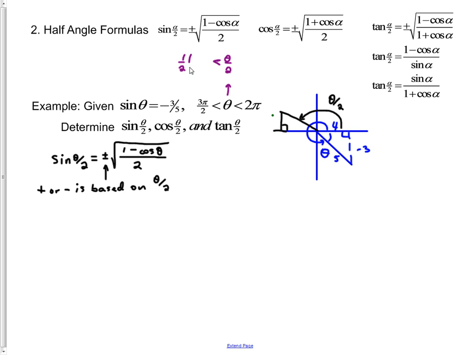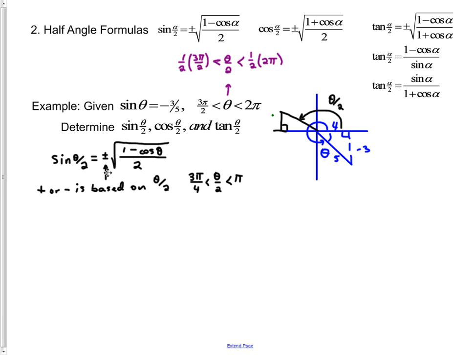So 1/2 times 3 pi over 2 gives me 3 pi over 4, and 1/2 times 2 pi gives me pi. So in other words, theta over 2 is an angle between 3 pi over 4 and pi. So what does that mean?